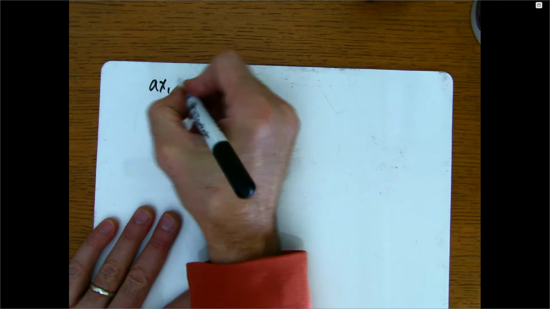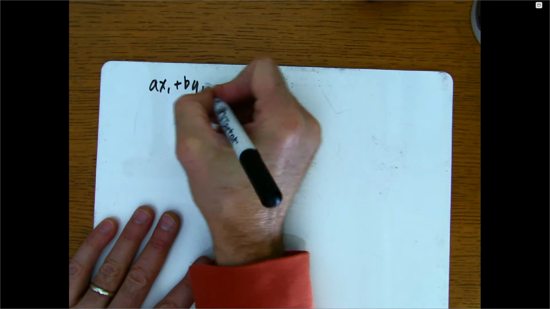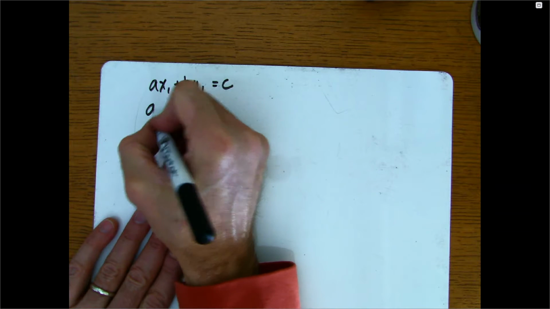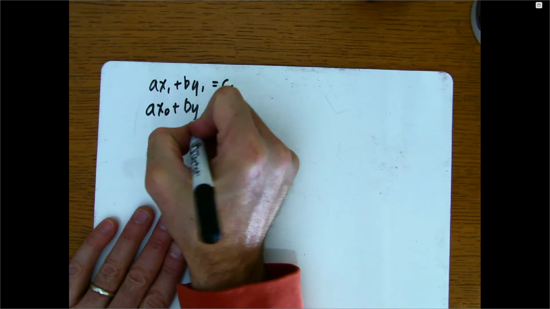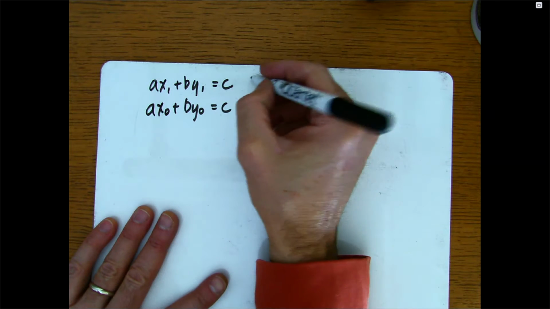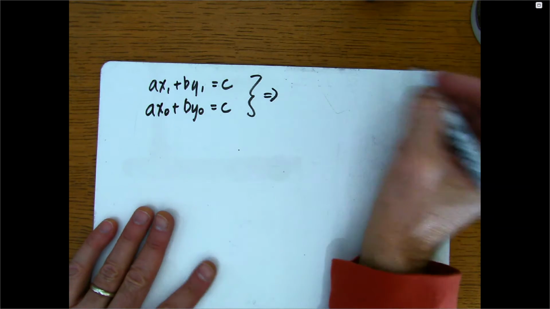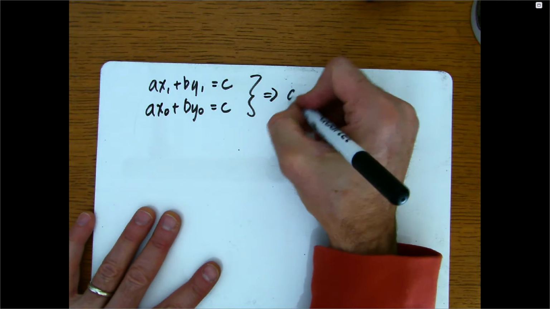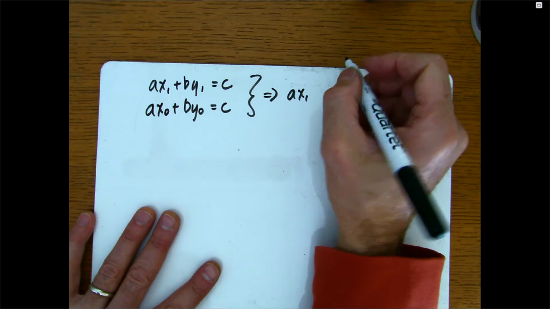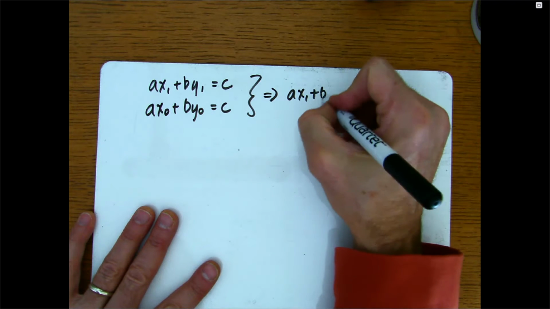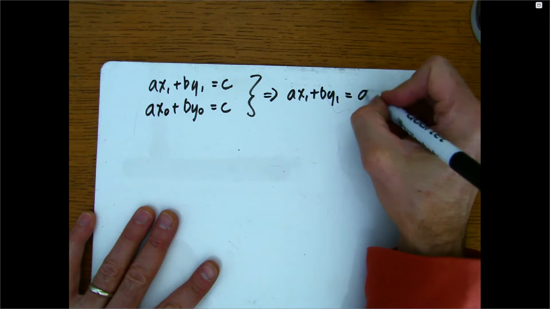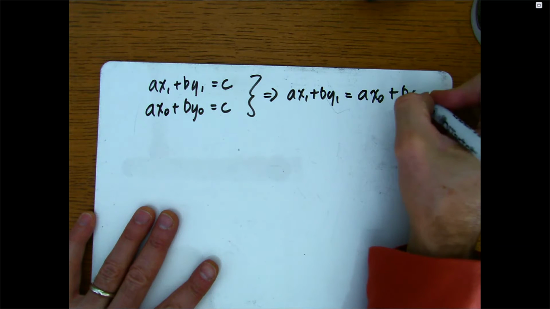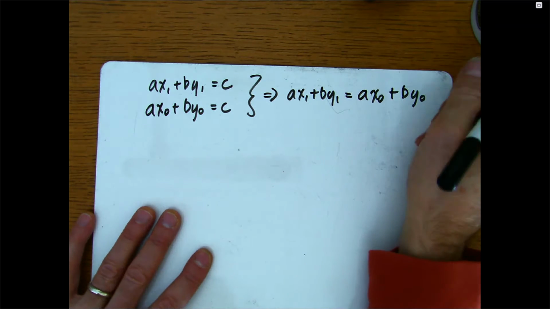So let's start over here. a x1 plus b y1 is equal to c. And a x naught plus b y naught is also equal to c. What does that mean? We can use those two pieces together to conclude that a x1 plus b y1 must be equal to a x naught plus b y naught. That will certainly work.